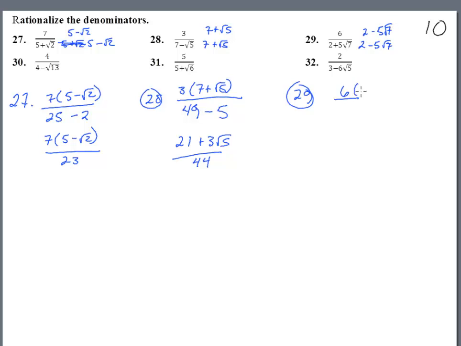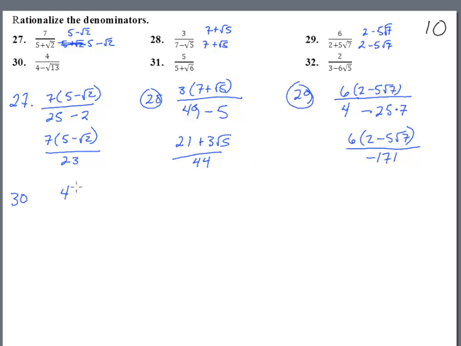So we get 6 times 2 minus 5 square roots of 7, all over 4 minus 5 times 5 is 25, times square root of 7 times square root of 7 is 7. So this is going to be 6 times 2 minus 5 square roots of 7, all over 4 minus 175. That's negative 171.